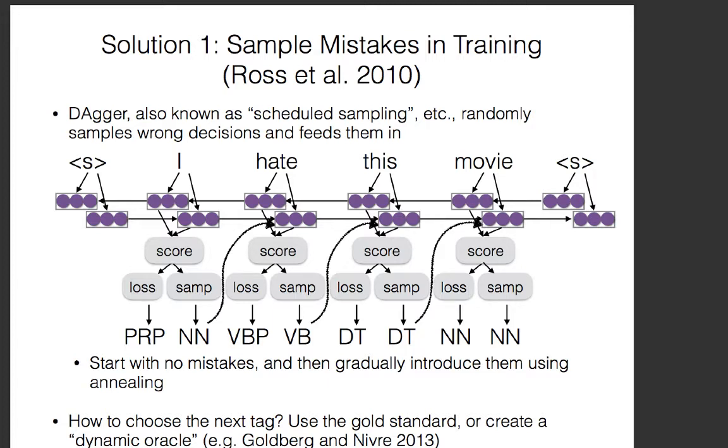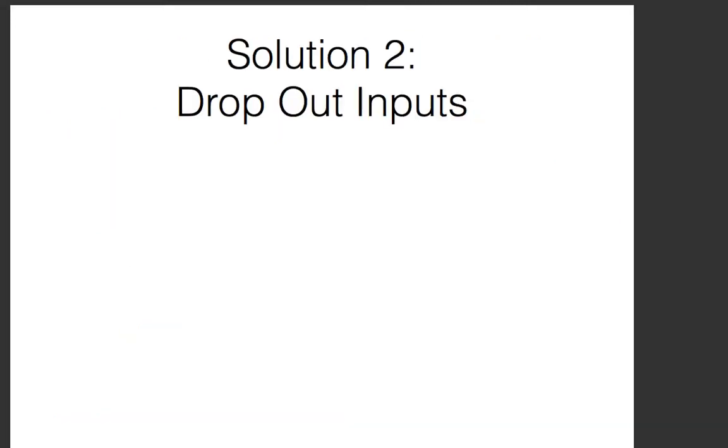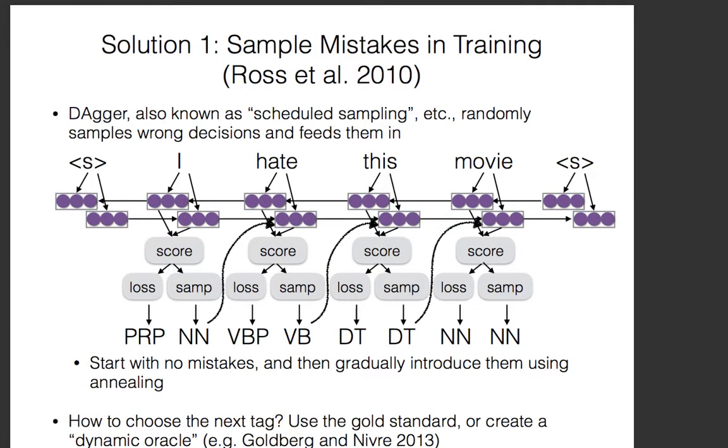However, scheduled sampling, or DAgger scheduled sampling, has a kind of problem, and the reason why is if you think about something like translation. Let's say we have "the dog ate my homework."